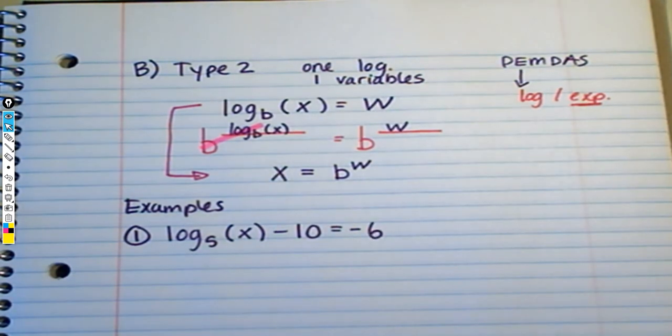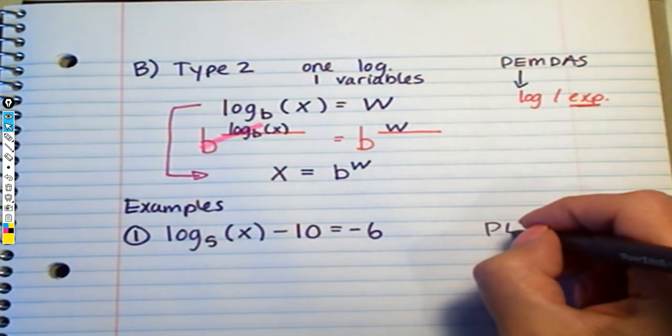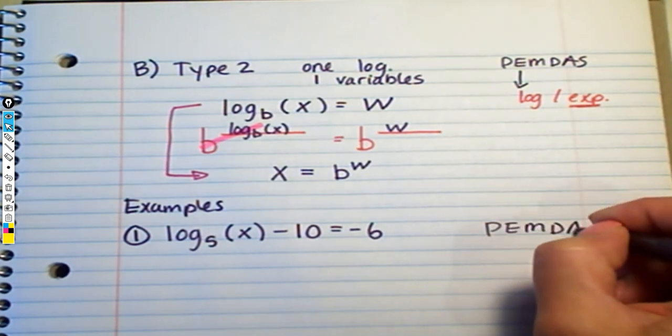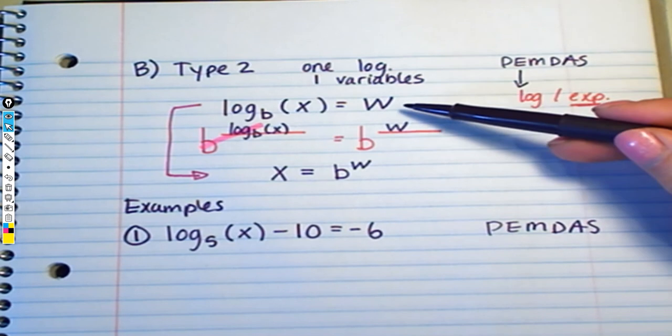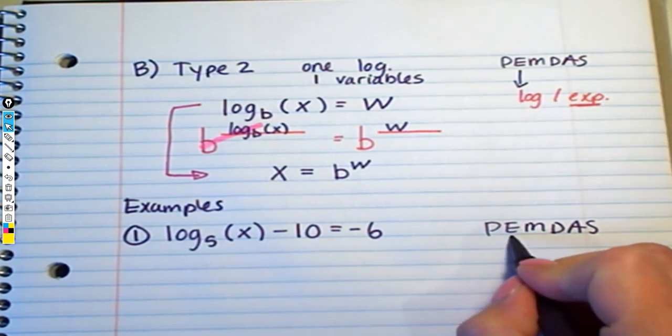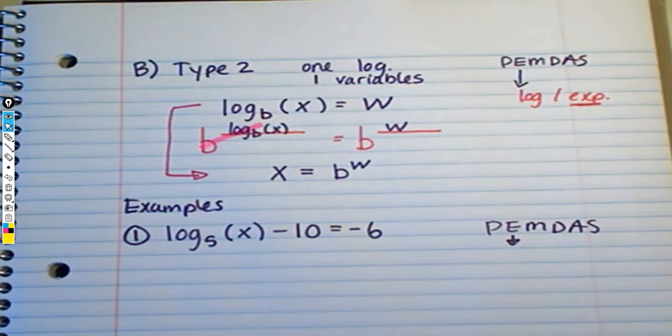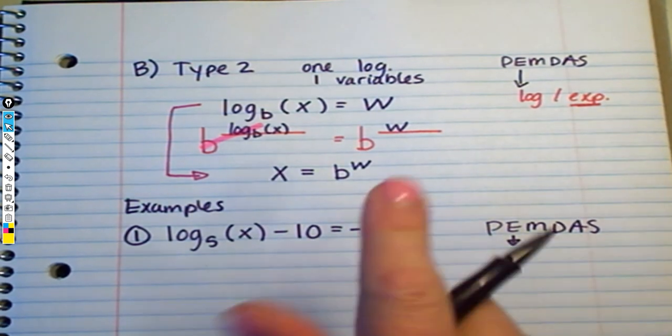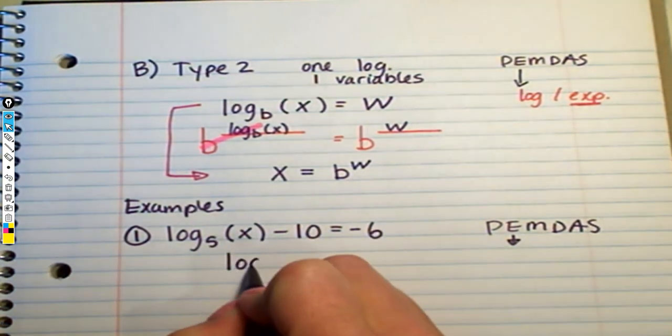Notice that I have to think about my PEMDAS because I don't want to exponentiate until I get to that part of the solving. So the first thing I'm going to do is add the 10 to the other side.